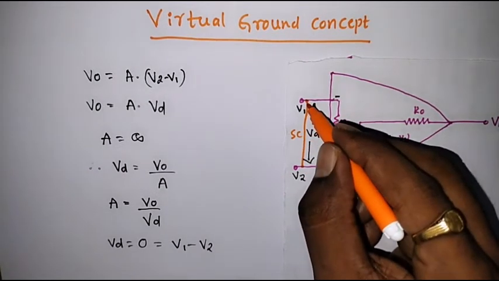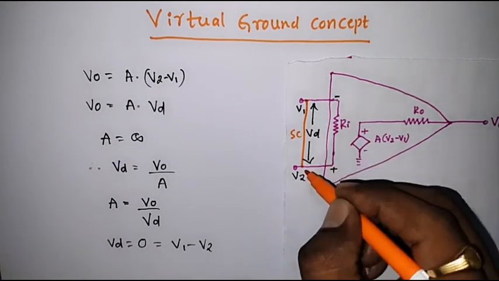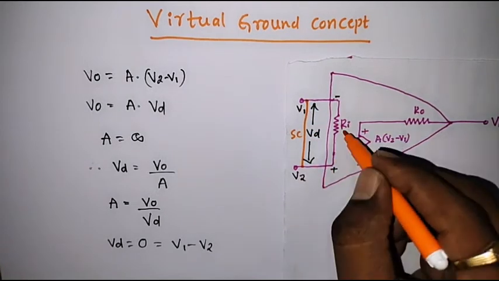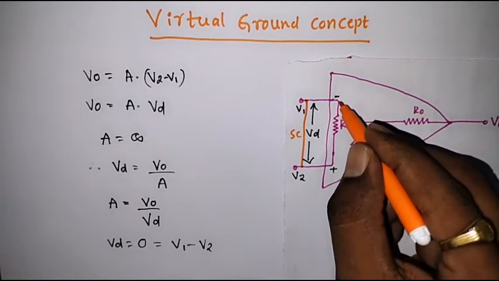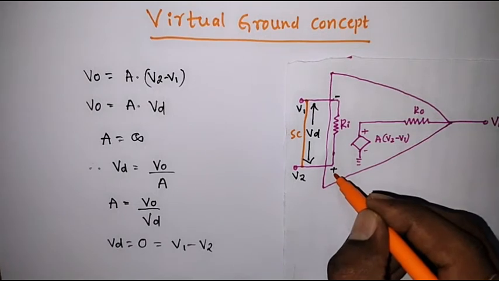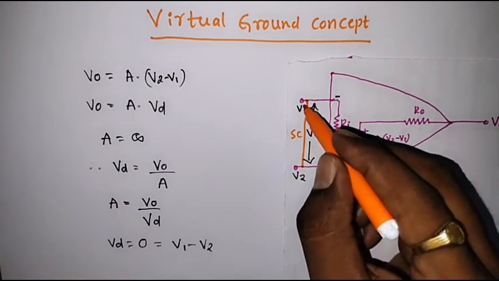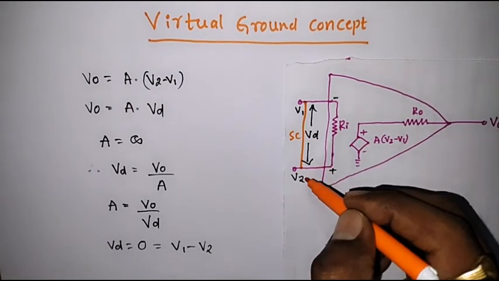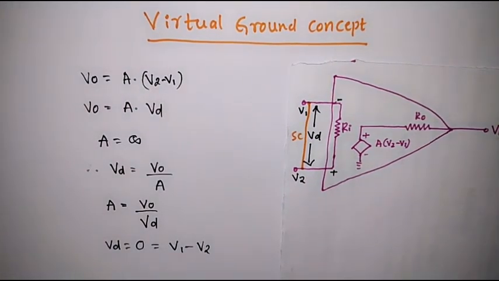It means the entire current would flow from V1 towards V2, but in this case there is no flow of current from the V1 terminal to the V2 terminal. Therefore, it is said that these two terminals are not actually grounded, but are virtually grounded. This is the virtual ground concept of op amp. Therefore, I can say V1 is equal to V2, because V1 minus V2 is equal to 0.